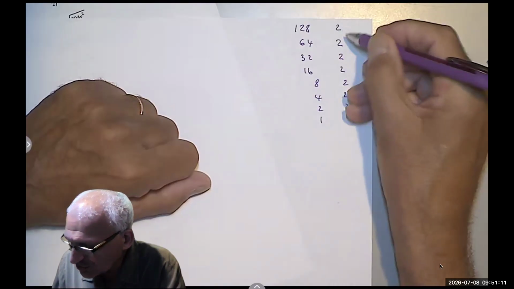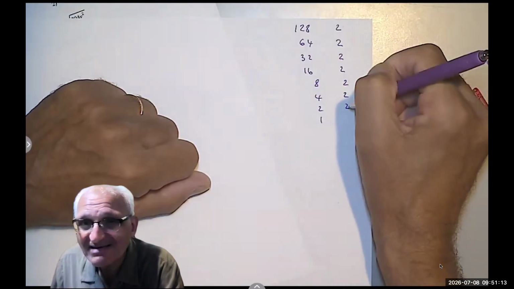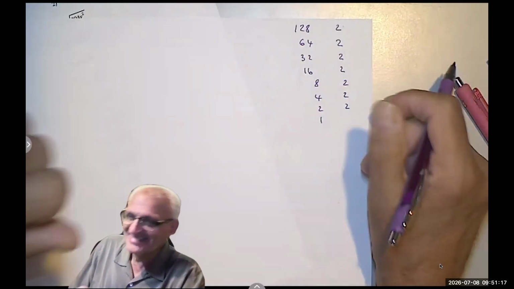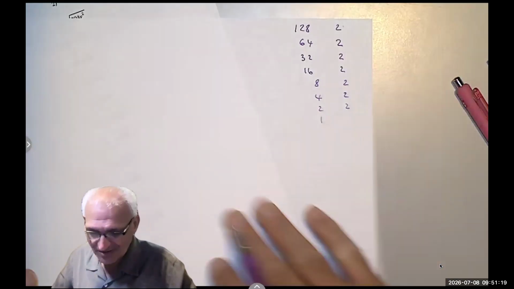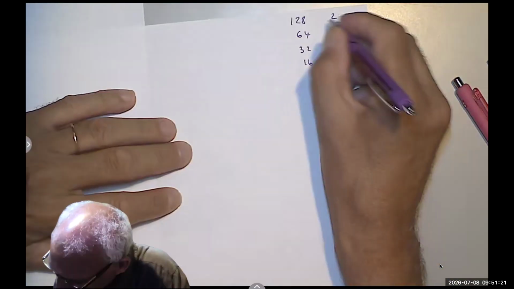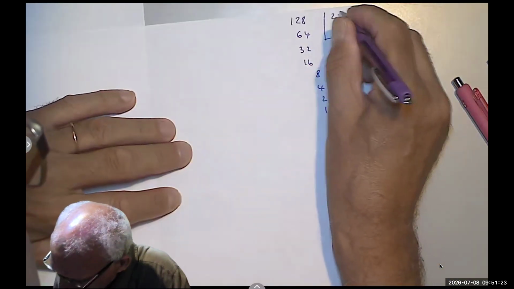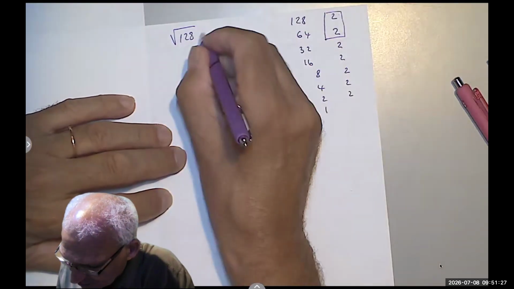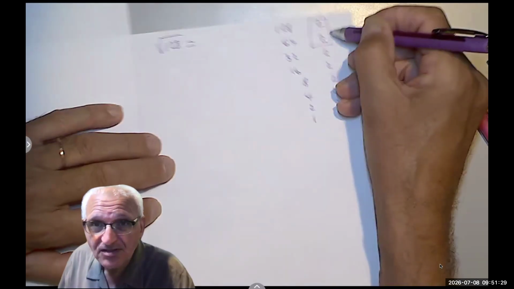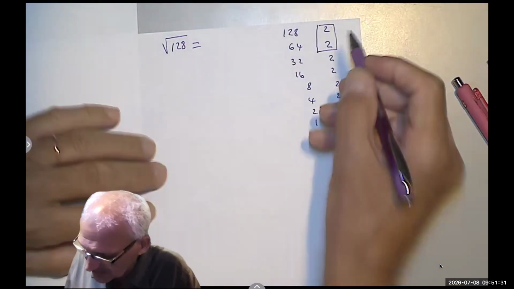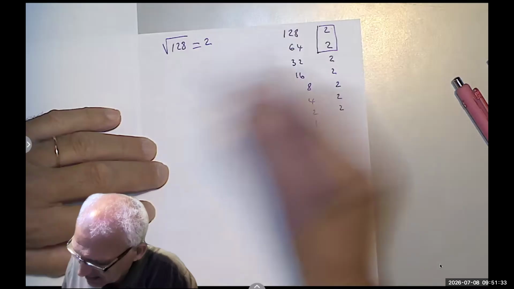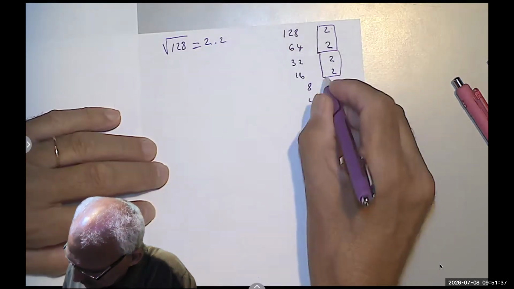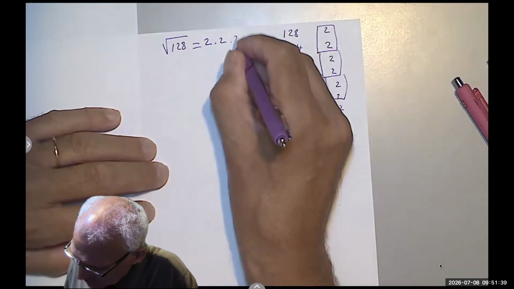So I have 1, 2, 3, 4, 5, 6, 7. Oh my God, I should have picked something else. Seven twos. So when I say the square root of 128 equals, every two identical factors come out as a single one. 2 and 2 gives a 2. 2 and 2 gives a 2.